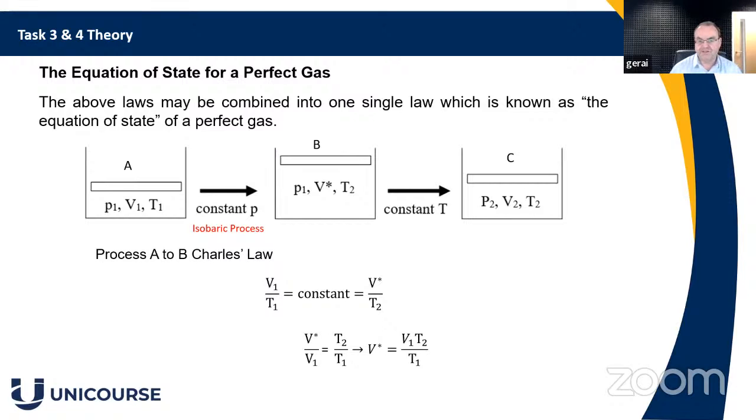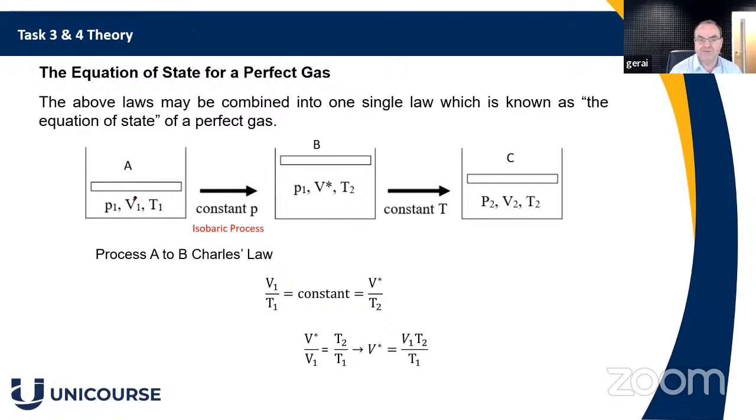Now you see we've got three cylinders there, A, B, and C. They're the same cylinder, same gas, same mass in each one. And we're going to go through two processes where we change the properties of the gas contained in that system. So we start off with cylinder 1, condition A. It's got pressure, volume, and temperature.